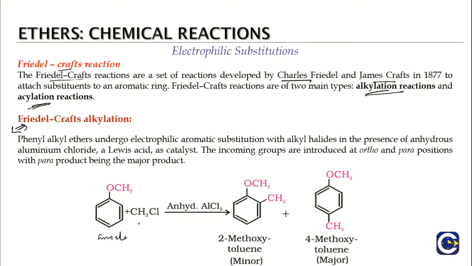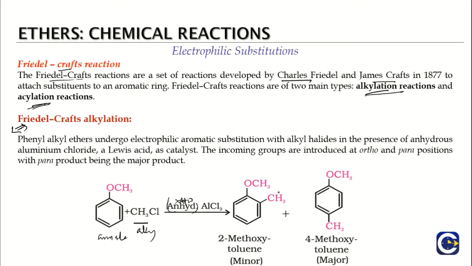So its reaction with alkyl halides in presence of anhydrous, anhydrous means there is no water, no H2O present in it. Okay, it's dry. So AlCl3, aluminium chloride, acts as a catalyst, and in this reaction we get two products.